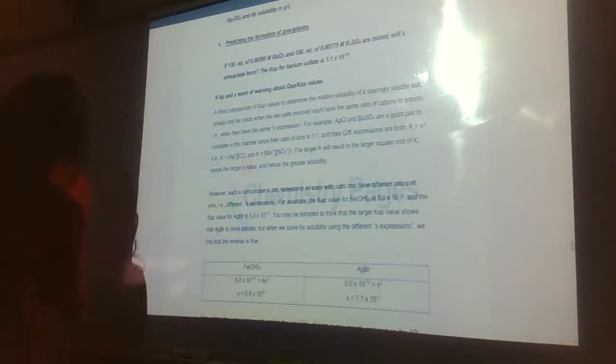So, Ksp is less than Qsp, it will precipitate. And remember, K is calculated at equilibrium.